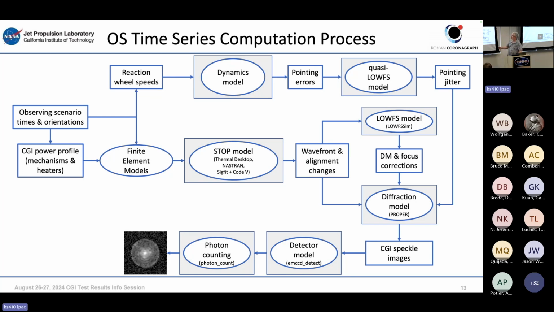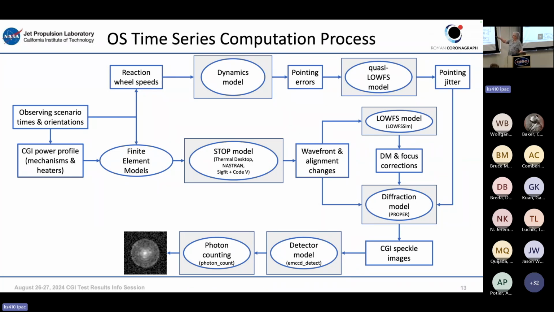In parallel, we've got the dynamics model, which gives us our pointing errors. We don't run that through the explicit LOWFS model. Instead, it's a filter function applied to the PSDs of the induced vibrations, and it includes the corrections that the fast steering mirror will provide.